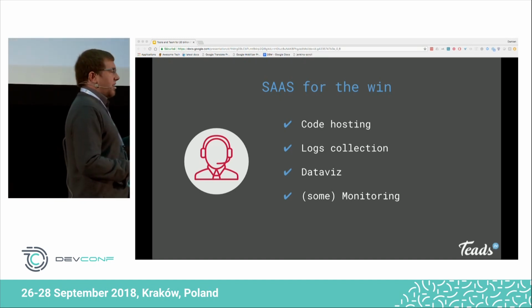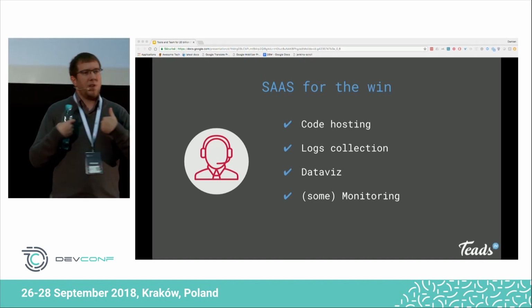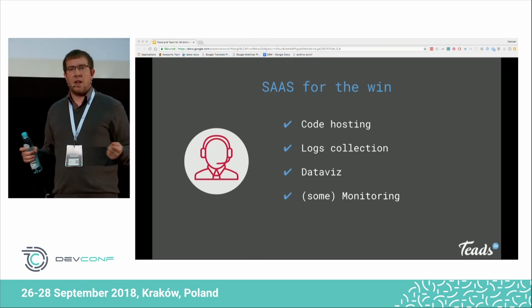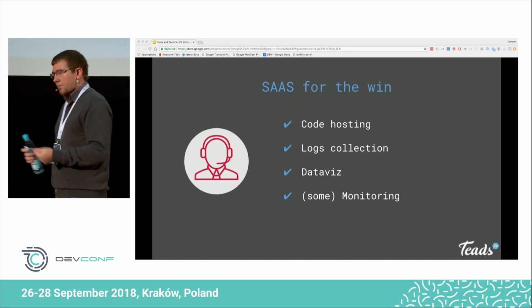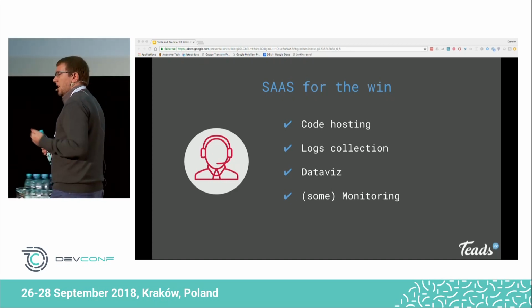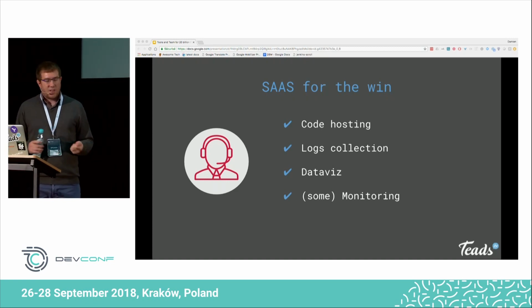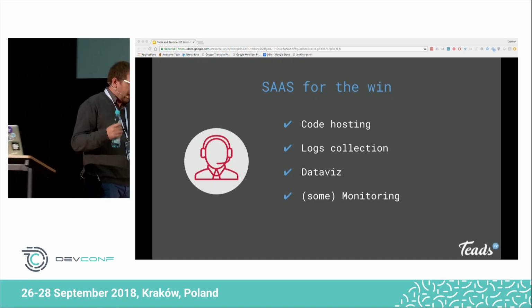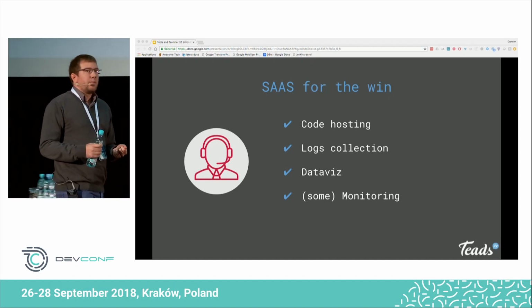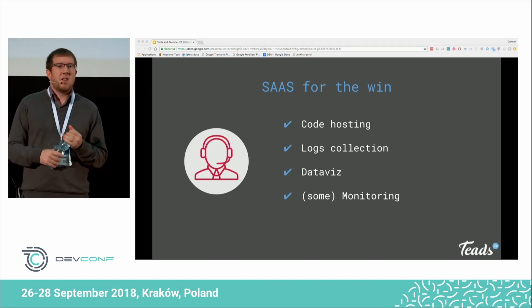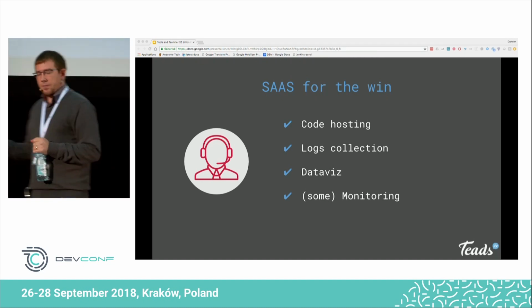Working on restoring a Git server, in my opinion, has no value for the company. It has value for the developers, of course, but this value can be outsourced. Working on maintaining a log collection stack, while very interesting, is not something that I want to spend my time on. So for all these use cases, we will go the SaaS way.